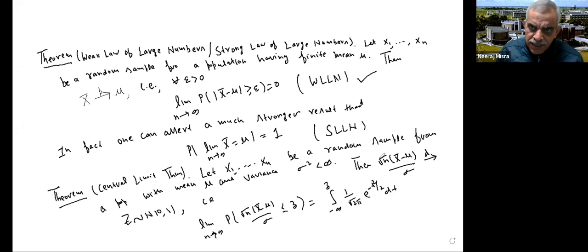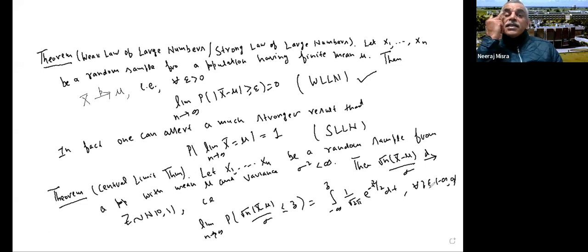And you're talking about the probability that this quantity is less than or equal to z. This result says this can be approximated by the normal probability. So this is what the central limit theorem says.